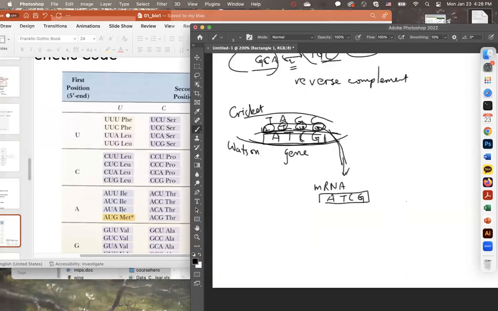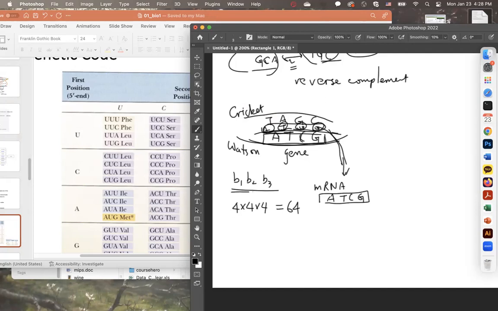So if I have 3 bases, base 1, 2, 3, and each base is one of the 4 nucleotides, we have 4 times 4 times 4, which is 64 different combinations.